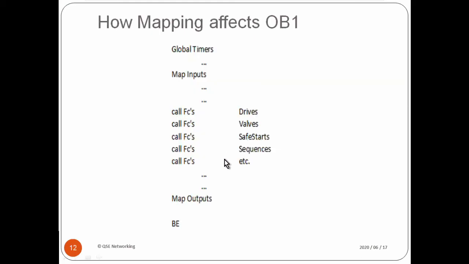Okay, so just as a reminder, what happens in the program: we're going to do our global programs like timers and flags and sirens. And then we're going to map the inputs. We're going to do all our programs referencing the input DBs and writing to the output DBs. And at the end, we're going to map the outputs back out from the output DB to the physical outputs. Then it'll go round and round.